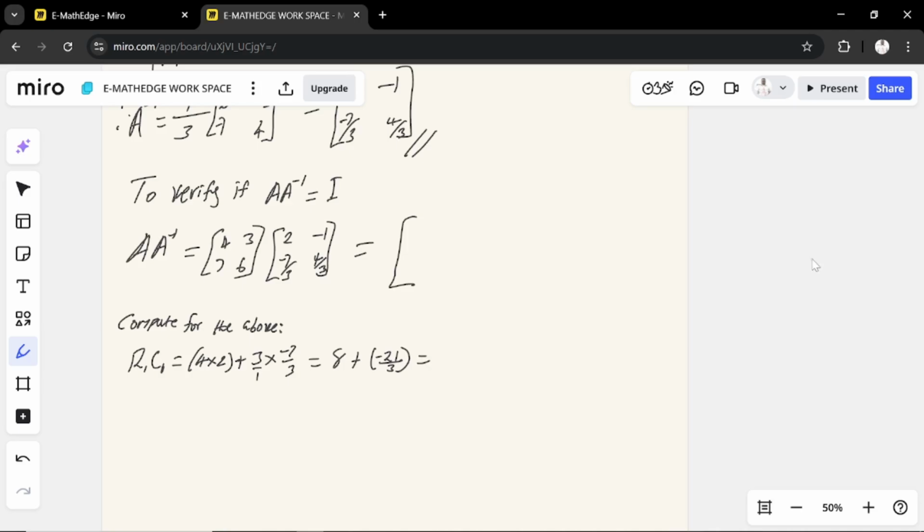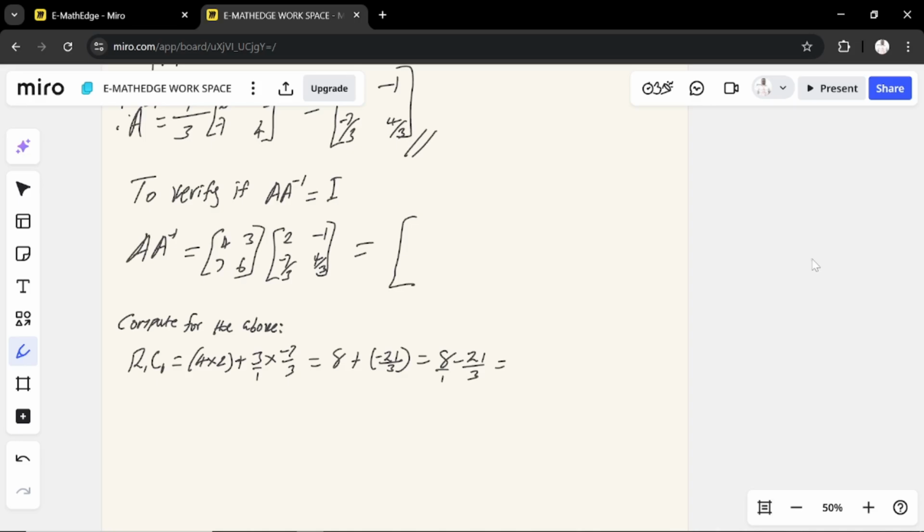So to simplify this further, we have a negative sign and a positive sign here, which if you multiply negative by positive is going to give us negative, right? So that's to say we are going to have 8 minus 21 all over 3. To simplify this further, we can as well take this to 8 all over 1 so that we can solve the fraction with a negative sign as the operation.